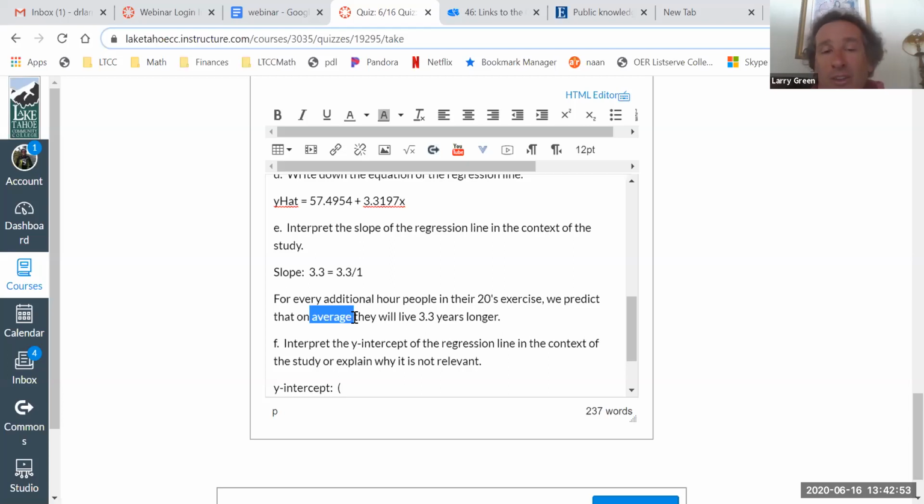So when I meant don't use "will", I meant don't use it by itself, because then it means cause and effect. Yeah, "tends to" is fine too. So "they tend to" is even better. So maybe I'll even change that to "tend to". So then it has all the language: tend to, average, predict, all the regression analysis language.